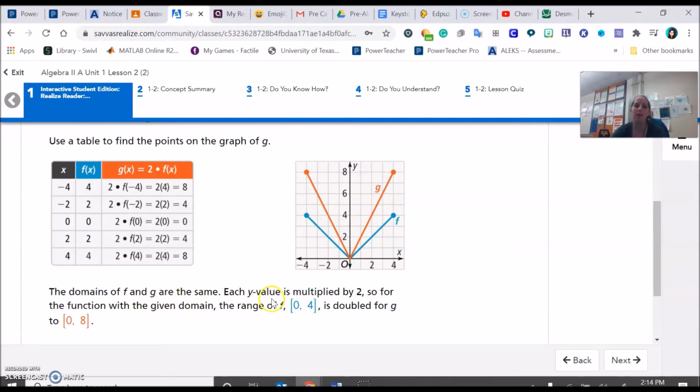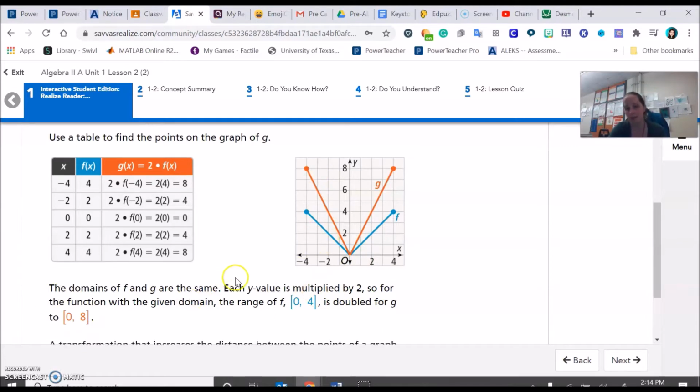So I'm going from the same spots. Each y value is multiplied by 2, so for the function with the given domain, the range of f, 0 to 4, is doubled for g, okay? So I multiplied it by 2, my range went up to 8.